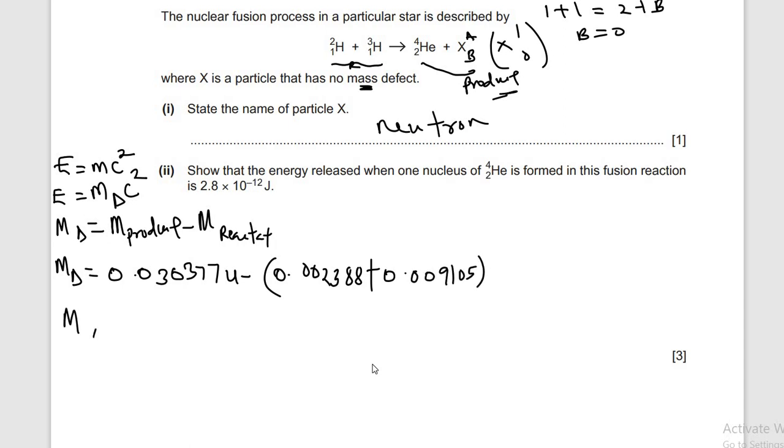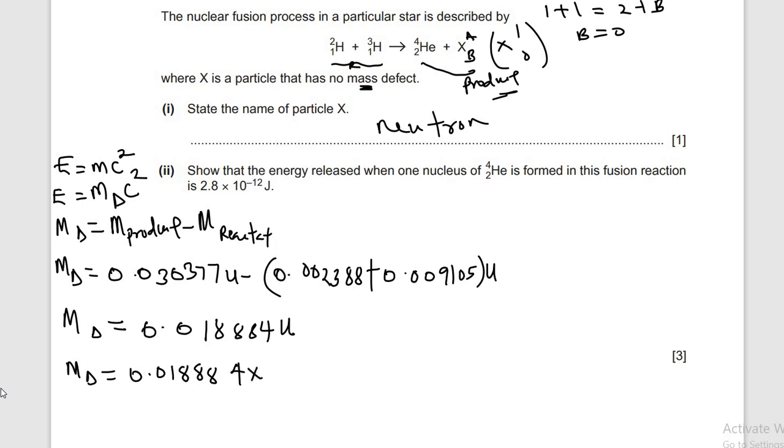So when you do your maths, the mass defect is 0.018884 atomic mass units. When you check the front page of the data booklet, 1 atomic mass unit is 1.66 or 1.67 times 10 to the minus 27.